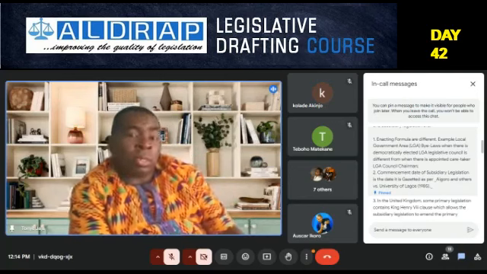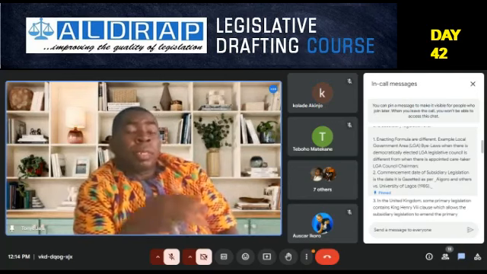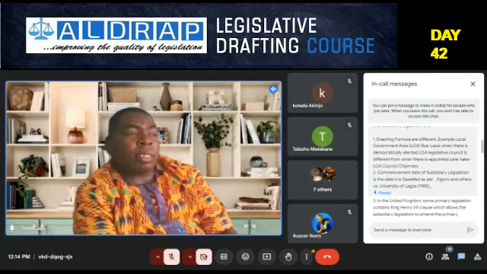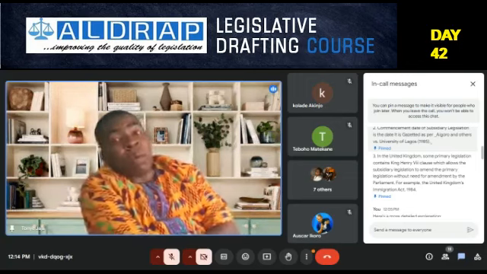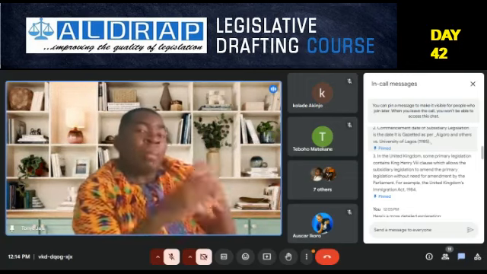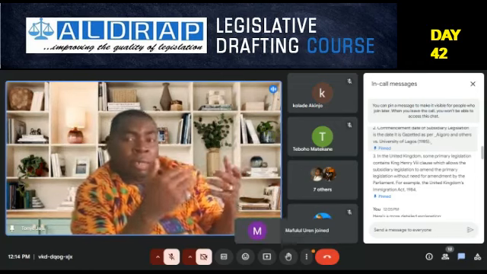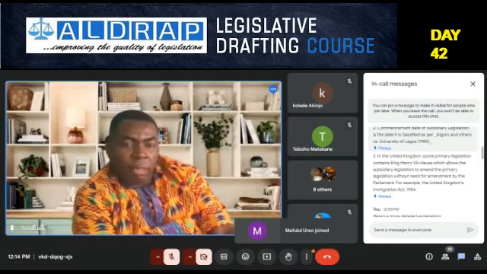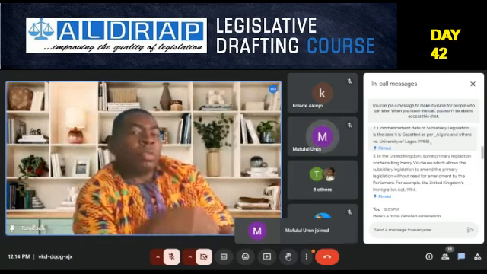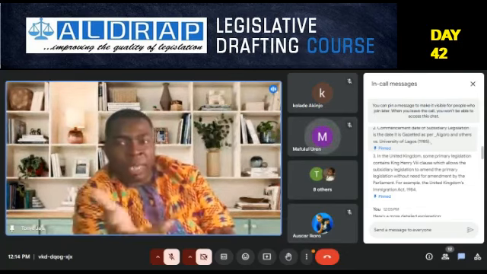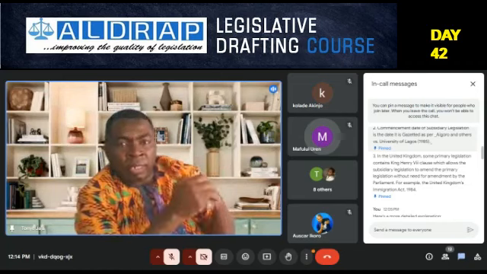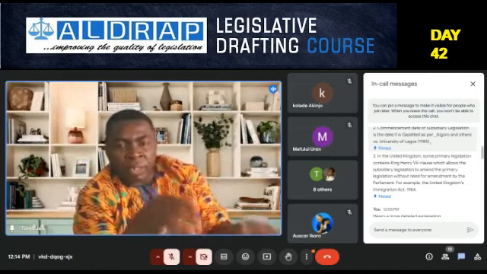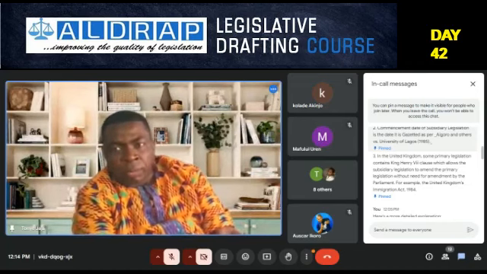A Henry VIII clause is a provision inside a law, or the primary legislation, which gives power to the minister to amend the legislation without laying it before Parliament. So the minister can amend the law without the necessity of laying it before Parliament. So this is the difference in the United Kingdom.